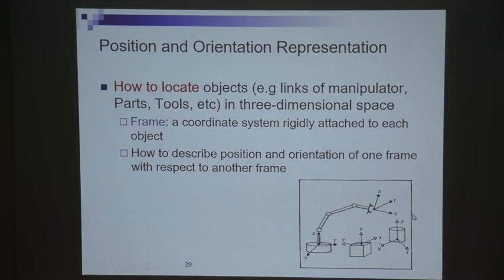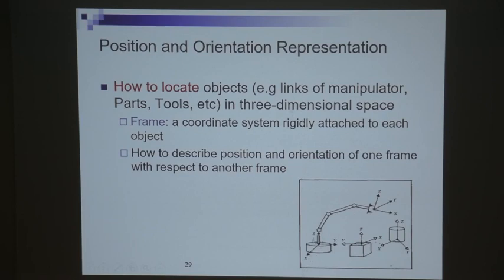You have this coordinate system, this one, this one, and this one. The next question is how they have to be related. You have to relate the end effector coordinate system with the base of the robot manipulator, and also relate the coordinate system of this cube with the base frame, and the same thing for the cylinder with the base frame.